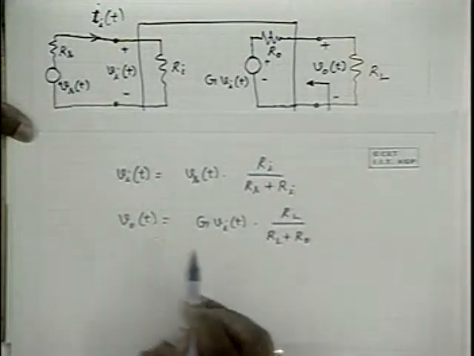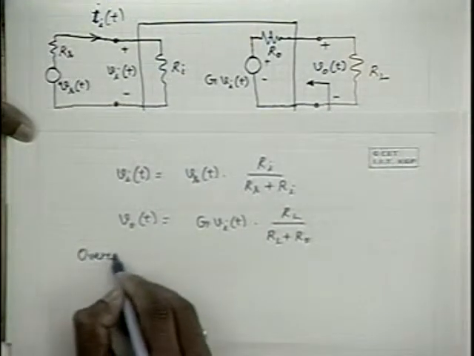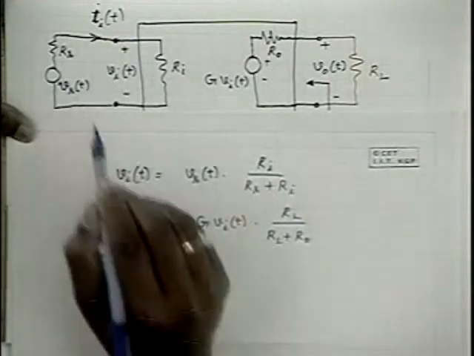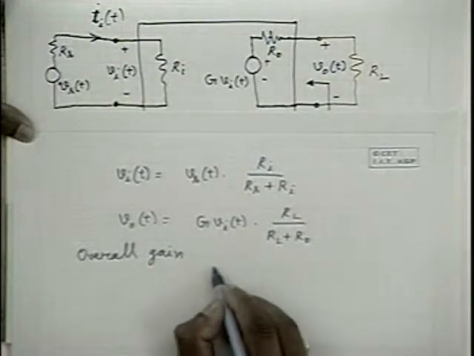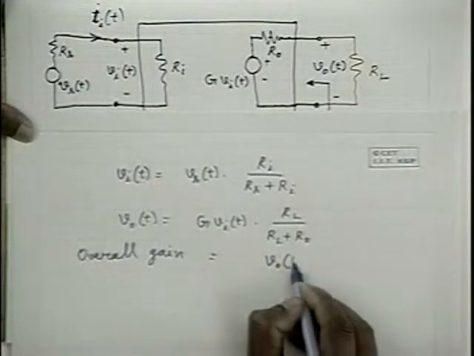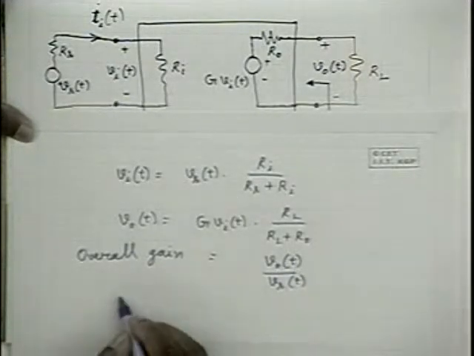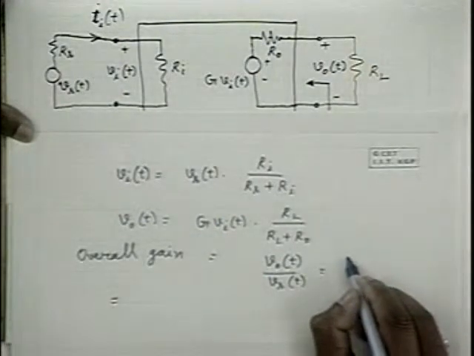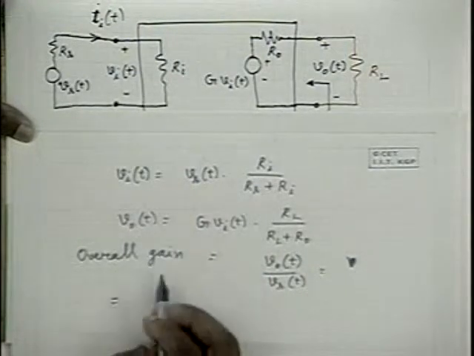Now, if we are interested in the overall gain of the amplifier in terms of the open circuit voltage of the source, the overall gain is given by VOT divided by VST. Let us express it here.